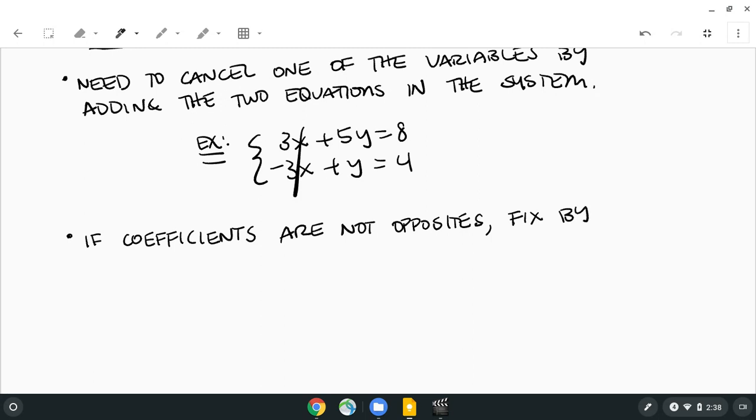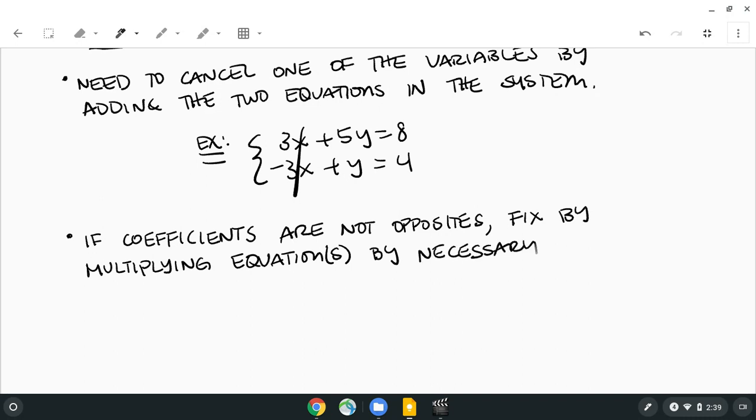We fix it by multiplying the equation or both of them. So either one or both. So the equation or the equations by a necessary constant. Okay, so let me show you what I mean.